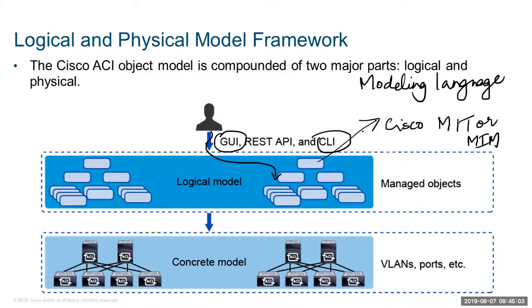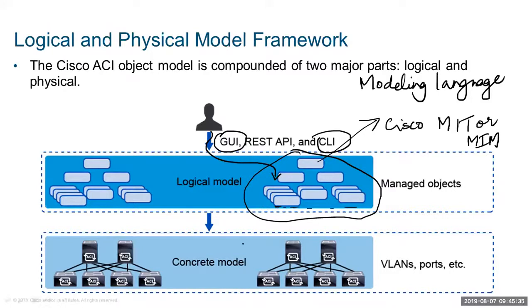Every possible configuration object in the GUI or in the command line is represented in this model. Every port on your leaf switch is somewhere in the model. Every port property, CDP, LLDP, LACP, VLAN configuration, speeds, duplex, MTU, all of those are somewhere in the model.